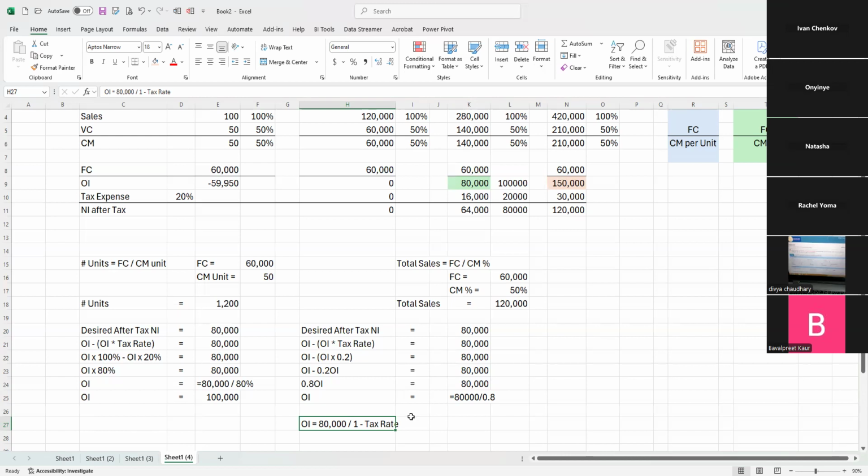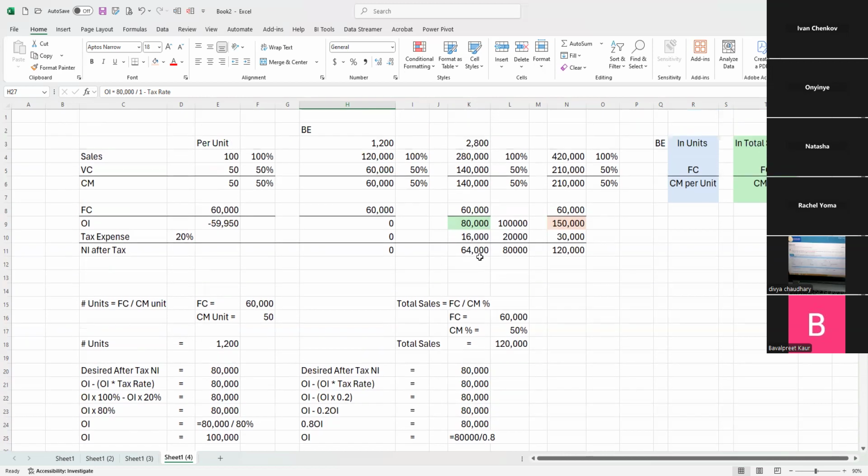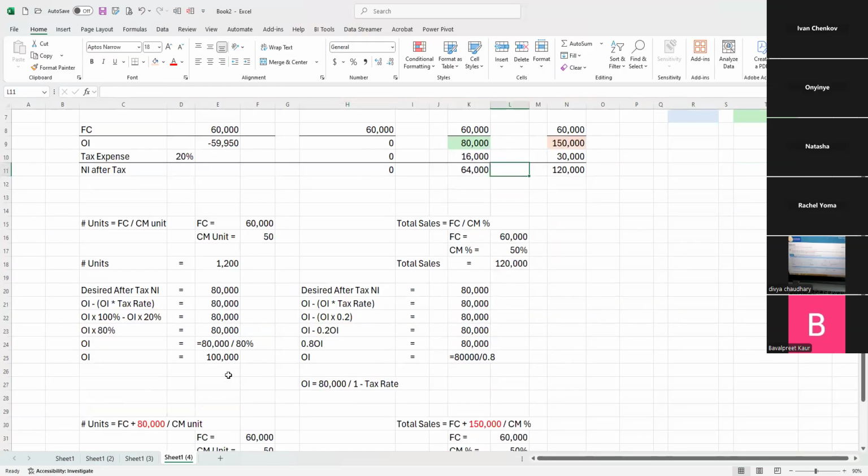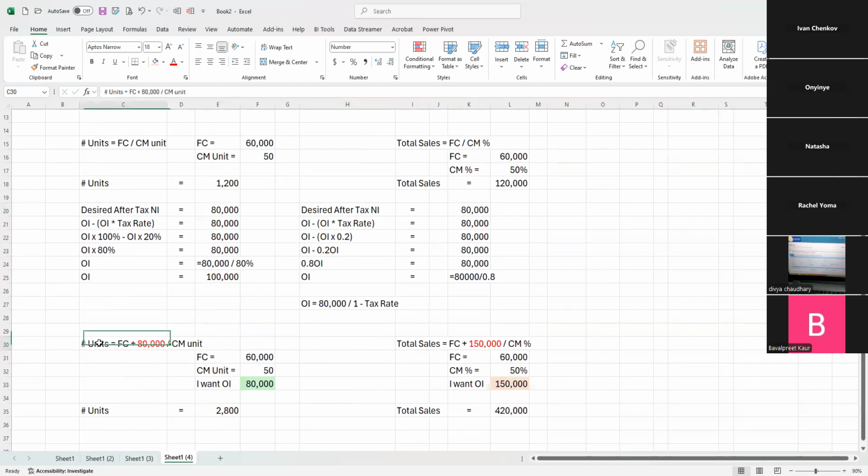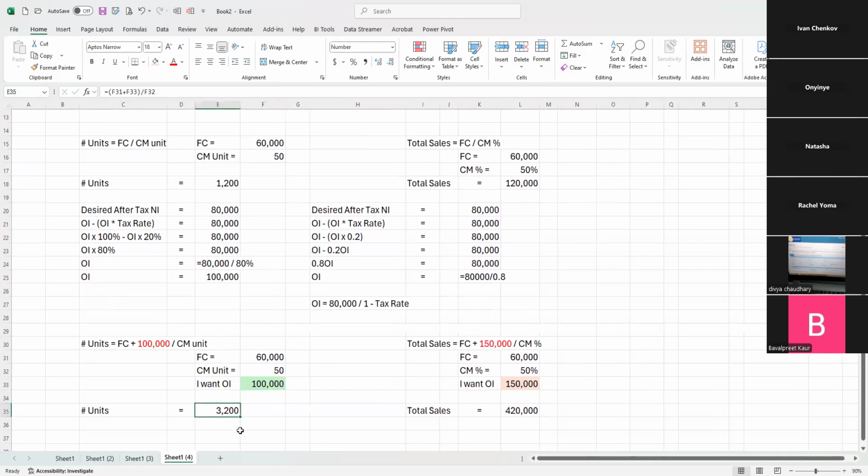So what we have to do now is adjust what we want. Correct? So if we want $100,000, if we want $80,000 after the taxes, what I have to do in my formula is adjust it, instead of 80 to put 100. Make sense? Now this is going to increase the number of units.